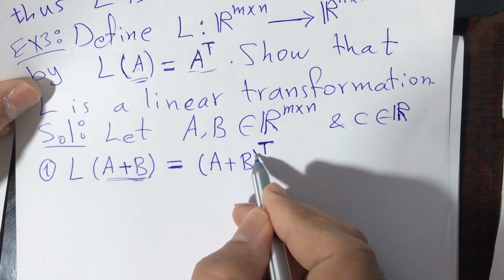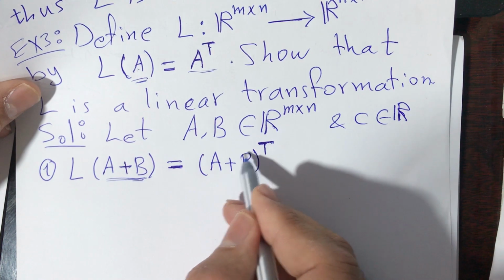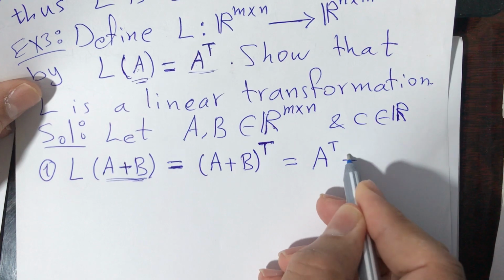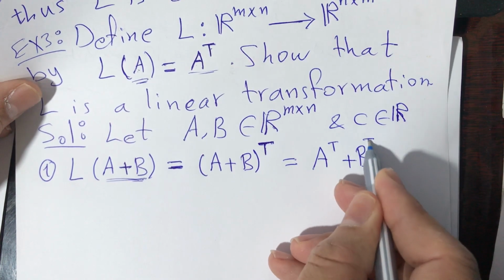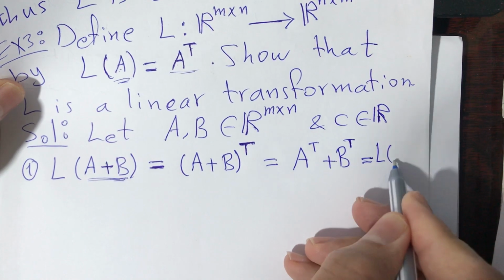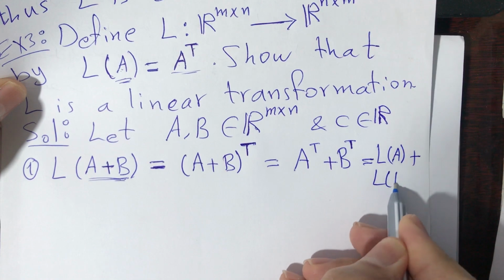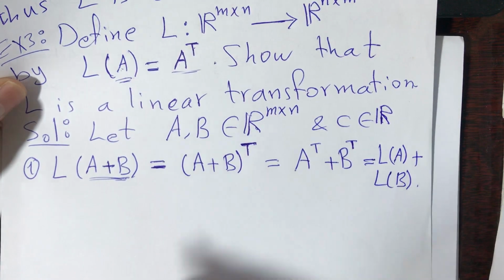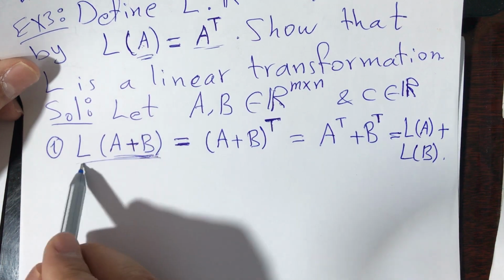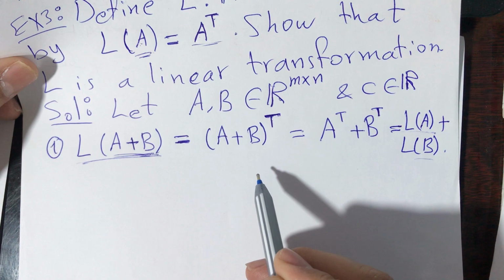Now we know the transpose can be distributed over the sum, so this is equal to A transpose plus B transpose, and this is equal to L of A plus L of B. So we satisfy the first condition: L of A plus B is equal to L of A plus L of B.